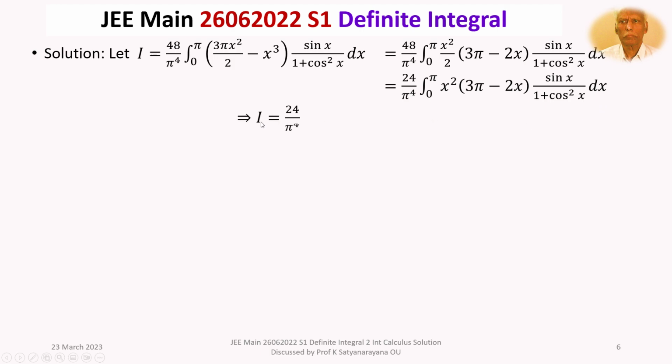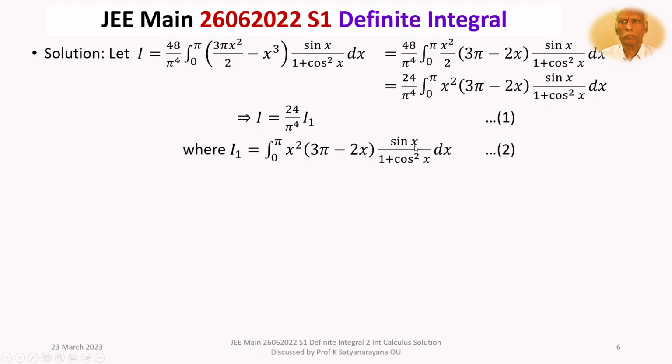Now this implies I is equal to 24 by pi to the power of 4 I1. Let's call this equation 1, where I1 is equal to integral 0 to pi x square into 3 pi minus 2x, multiplied by sin x by 1 plus cos square x dx, and call it equation 2.